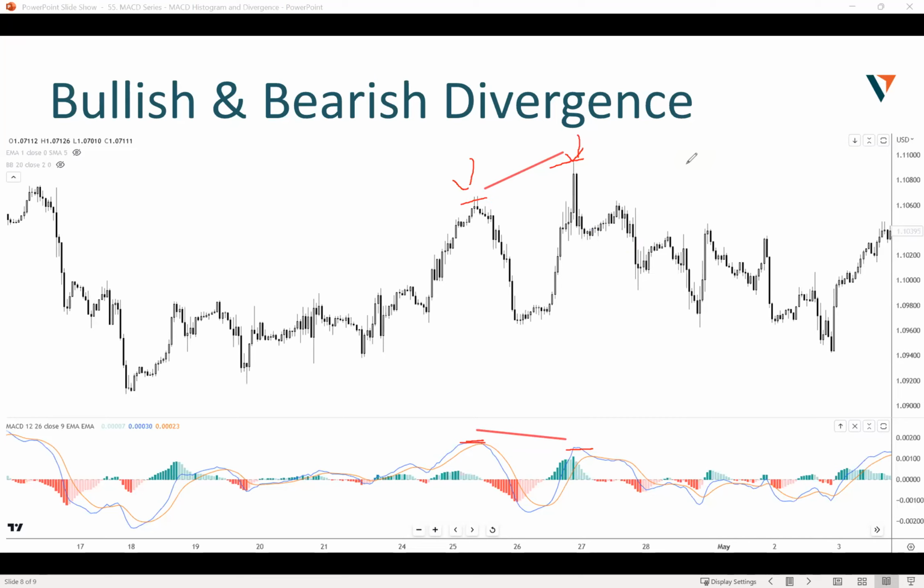So this reversal here is a first indication of a potential reversal. But we need to be aware of the market structure that we're in. Divergence can be useful in highlighting reversal points, but this has to be supported with price action. It has to be supported with market structure.